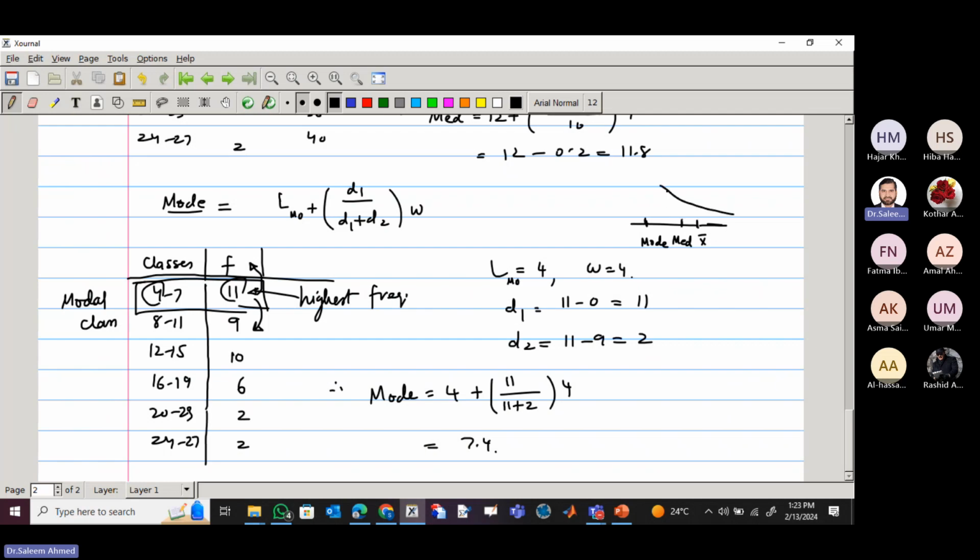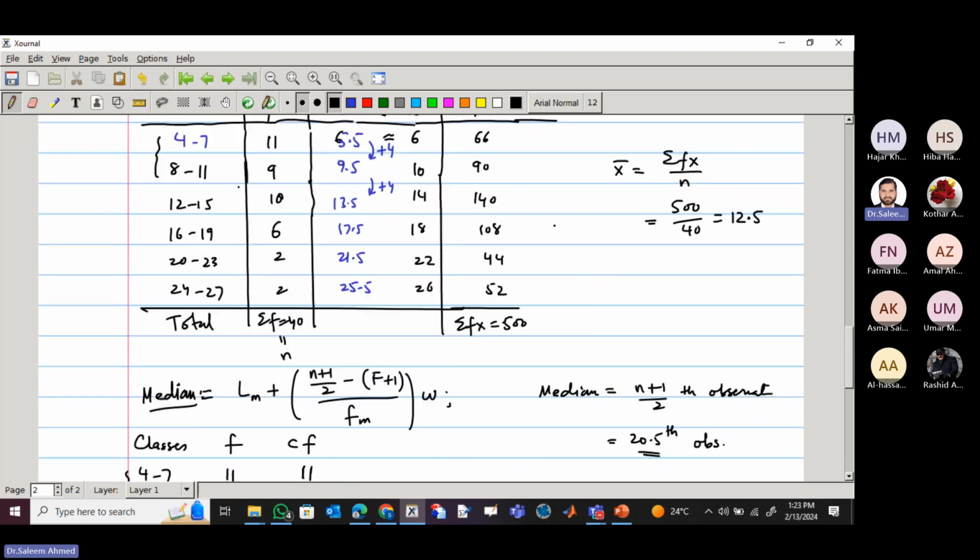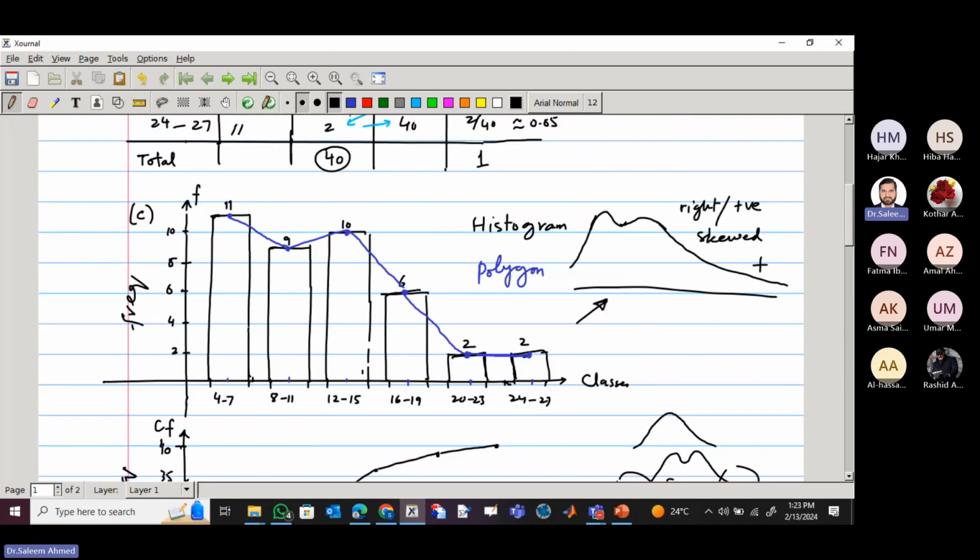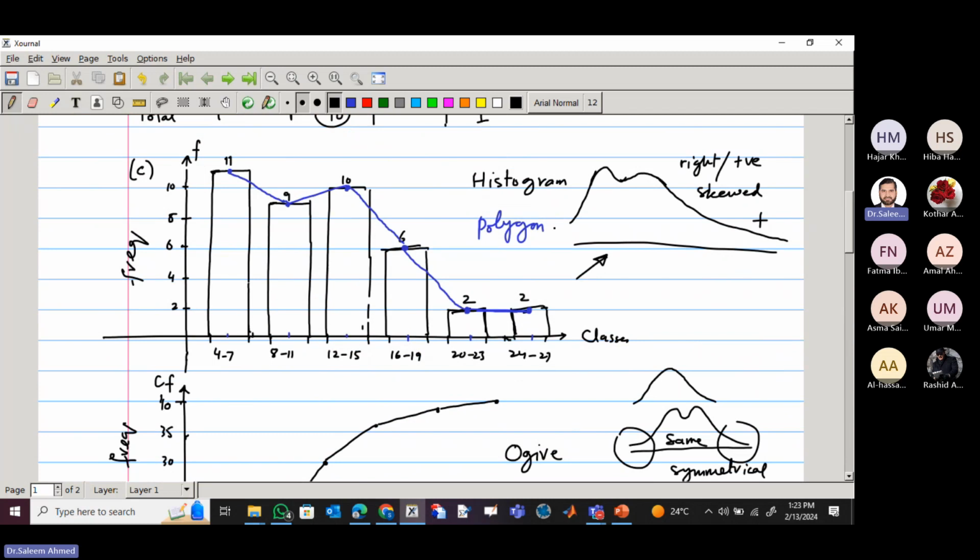So it is an indication that we have a tail on the right. But we have the actual picture, so we already have the answer about symmetry. Usually the mode is somewhere at the highest point. So this is your location of the mode. The median tries to remain in the middle, and the mean goes towards the tail.